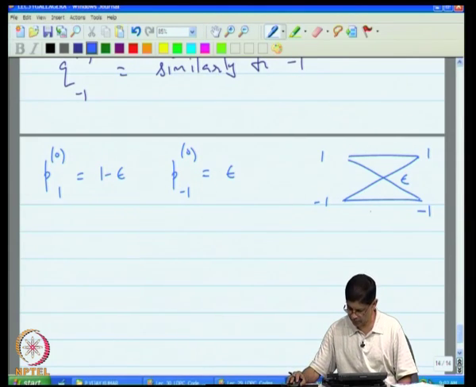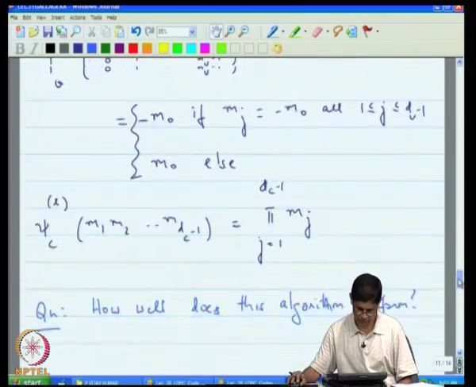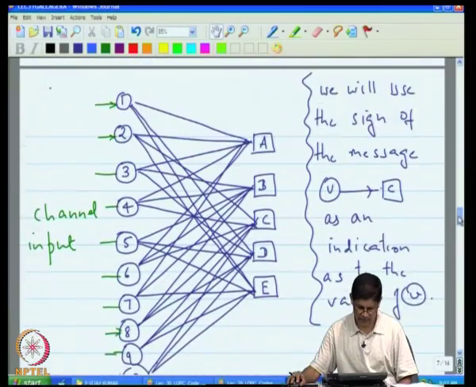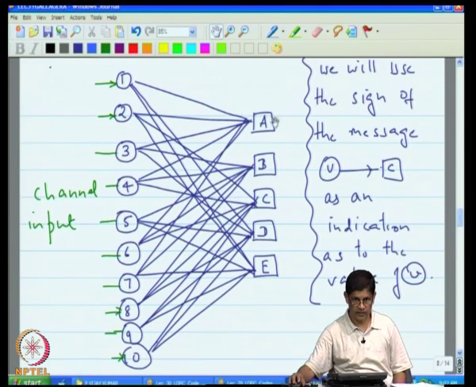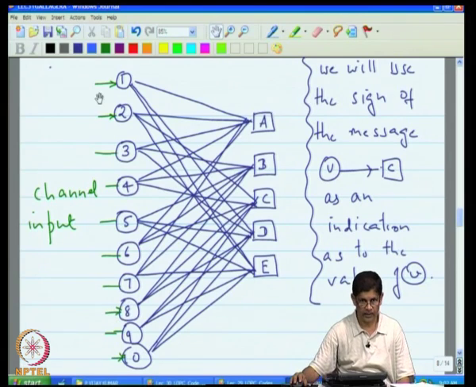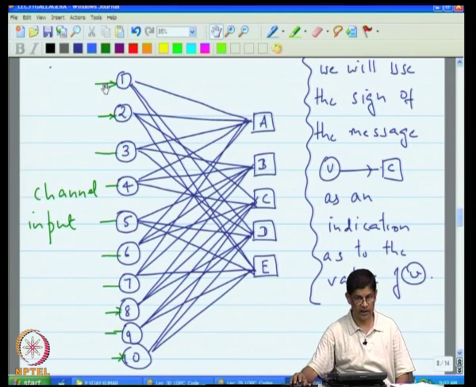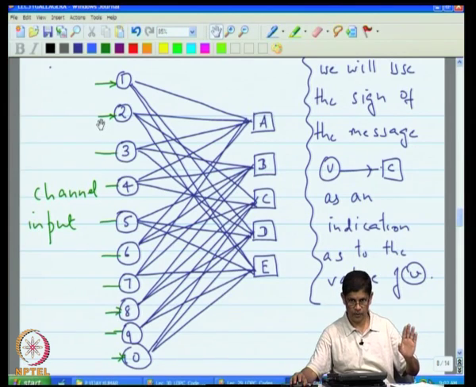Another thing I need to point out is that when we are doing this analysis of the probability of messages being in error, if you assume that the transmitted code word was the all 1 code word, then for your incoming messages, the probability that they are 1 is equal to 1 minus epsilon, the probability that they are equal to minus 1 is epsilon, and it is the same for all inputs.